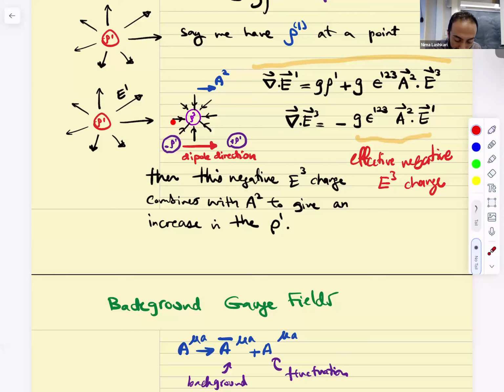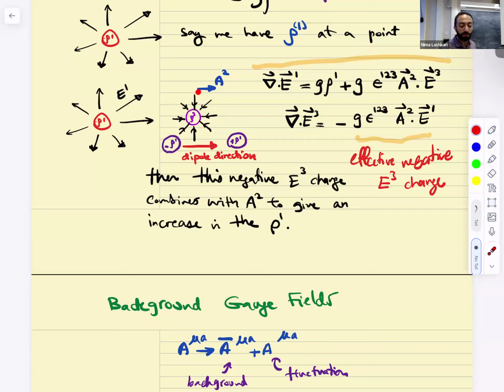The contribution that you pick up from here, because A2 is aligned with E3, is like a negative rho 1 charge. Here they're anti-aligned, so it's like a positive charge. So the net effect is like a dipole, but in the same direction as the original charge.